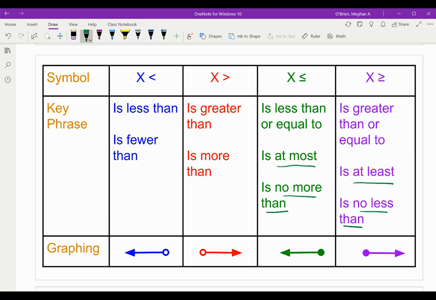And then down below, the graphing, which I'll get into more detail in a minute. Graphing all of these solutions that work for the inequalities, we use arrows and we kind of shade as a shortcut. And it'll make more sense once we start practicing it. But notice here at the bottom, these open circles versus these shaded in circles, right? That's going to make a big difference.